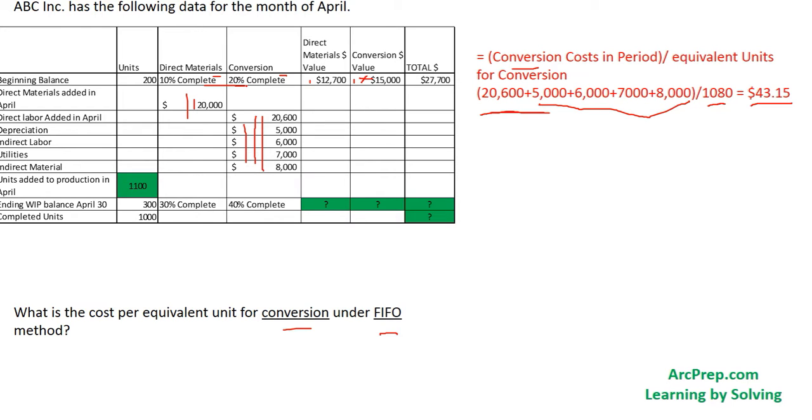It's a different method. FIFO says it's going to be first in, first out, so we are calculating those first. We are making sure these get completed first. In order to complete them, I still need to continue 90% on this and 80% on this. So that's the basic idea behind the FIFO calculation.